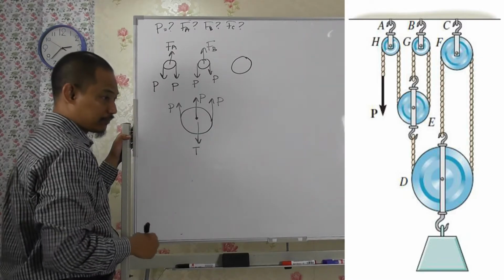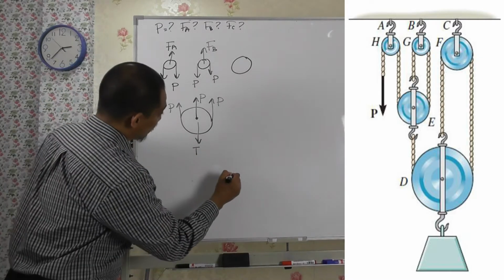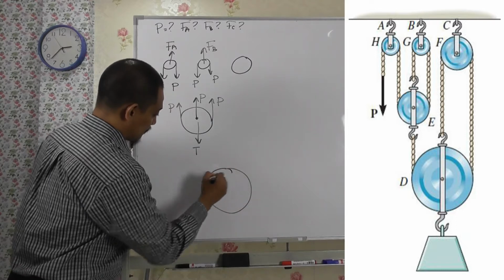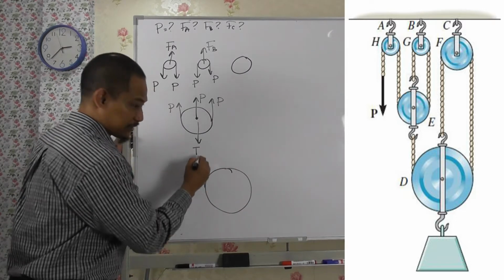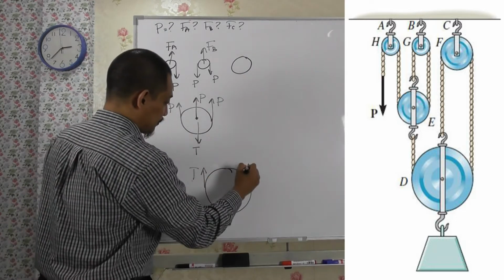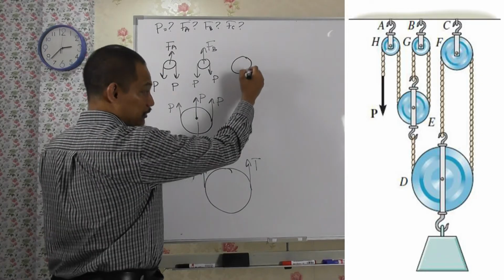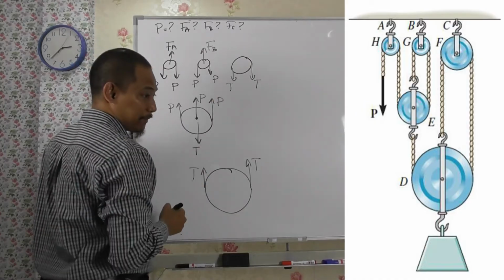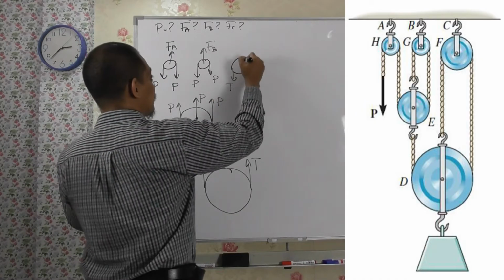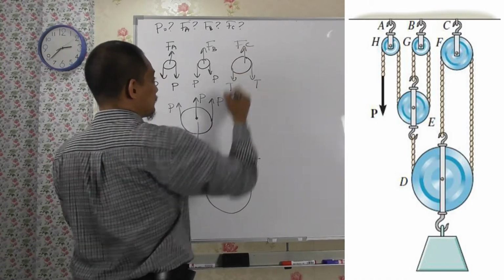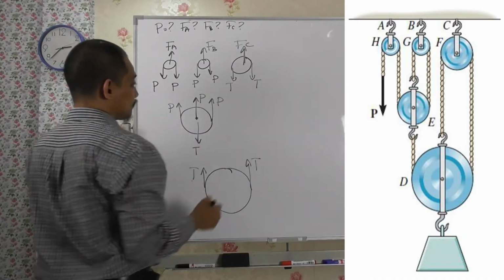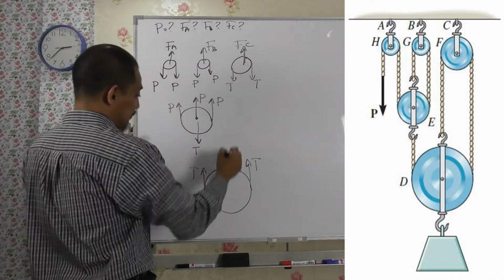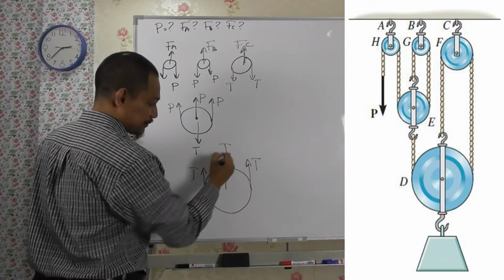And then this goes to a bigger pulley down here, where this will be T. This is the same cable, and goes up T to here, right? So you have T here and also T over there, and then this is FC, sorry. And then T is going up here as well.